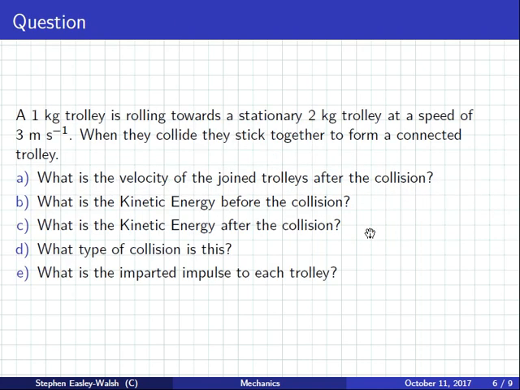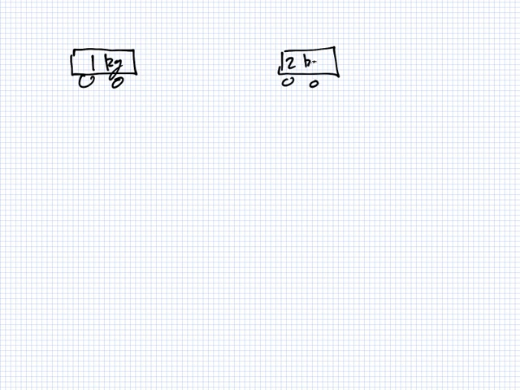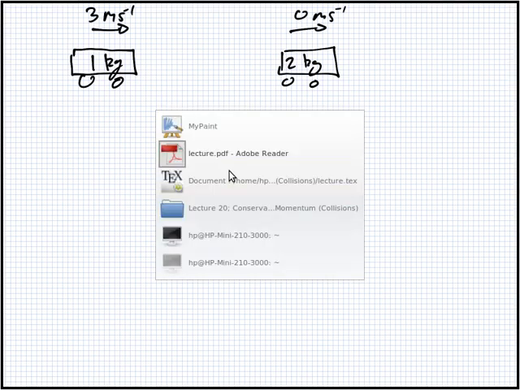Right, so let's have a look at our first example. A 1 kilogram trolley is rolling towards a 2 kilogram trolley at a speed of 3. So let me just draw that for you. You have a little trolley car, and it's 1 kilogram. And there's another trolley here, and it is 2 kilograms. This one's moving along at 3 meters per second, and this one is at 0 meters per second.